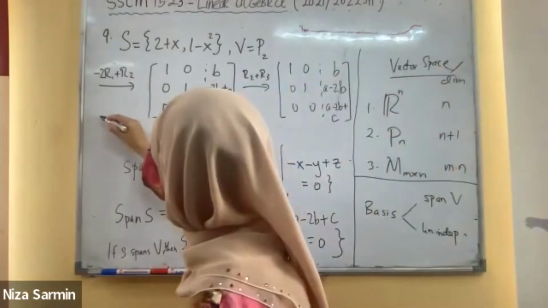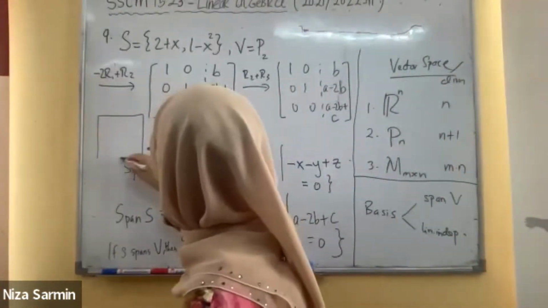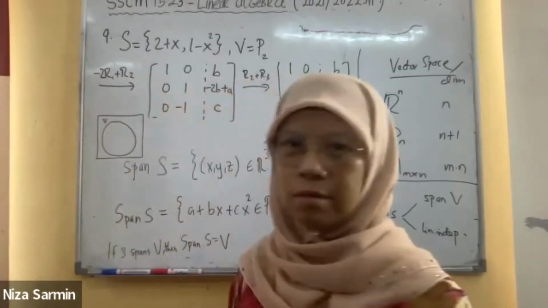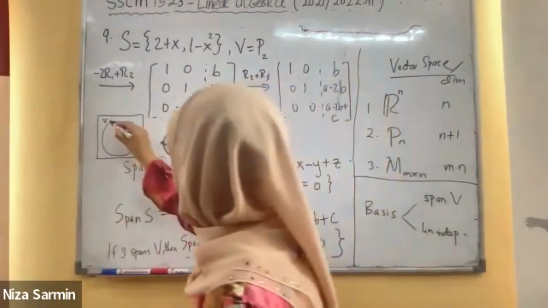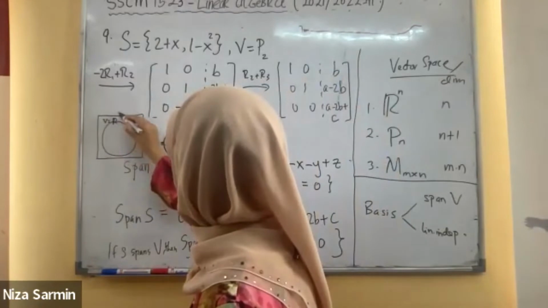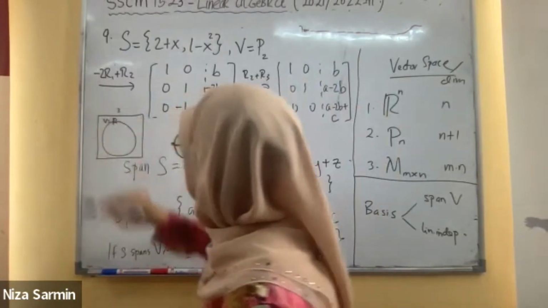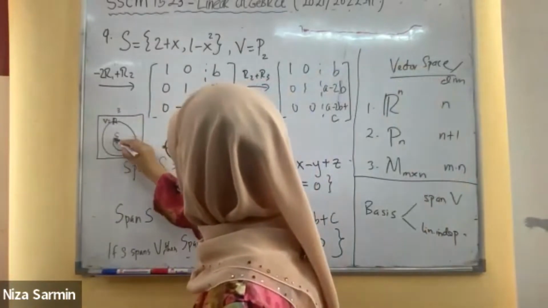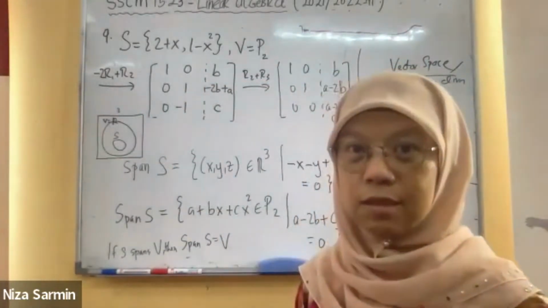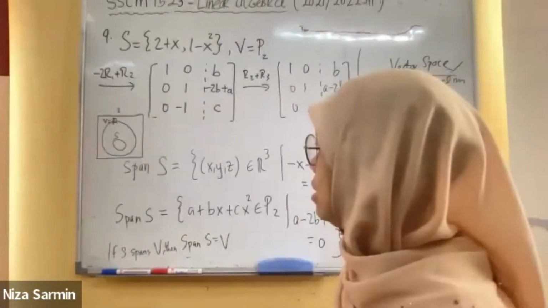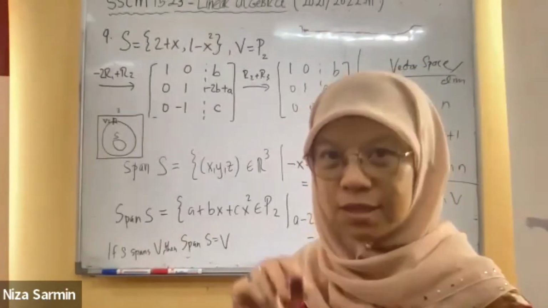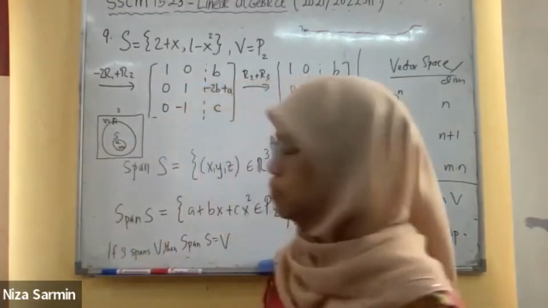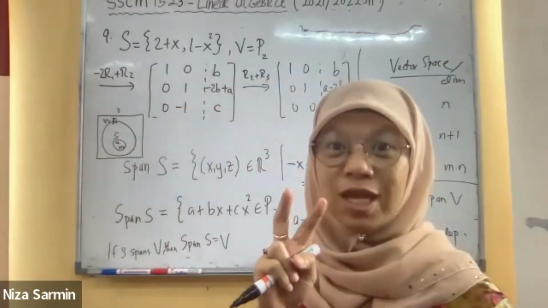If you have this vector space V, like R3, right? R3 or R2 or R3, and you have the set S inside a subset of R3, like just now, then you have U1, U2, just two vectors, not enough, right?